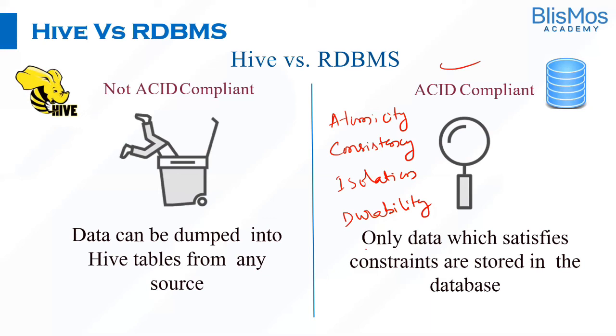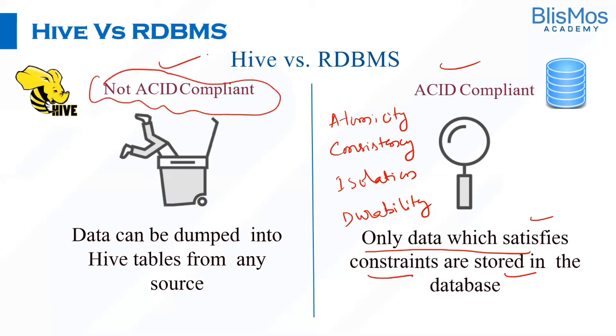Only data which satisfies these constraints is allowed to be stored in a database. But Hive is not ACID compliant because Hive stores the data in HDFS. Data can be dumped into HDFS in any way. It doesn't matter whether it has a schema or not. Any data can be stored in HDFS.